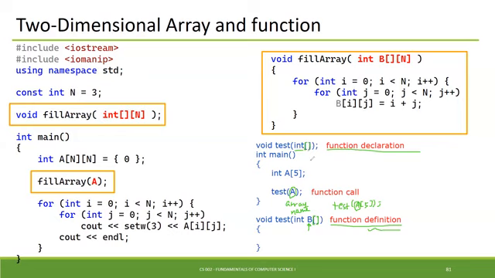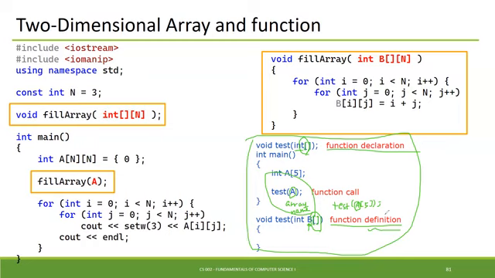This means I'm going to have one array parameter. This is the grammar: array name in the function call, and brackets in the definition and declaration, to let your computer know that this is an array, not just one int. This is a one-dimensional array and function together.